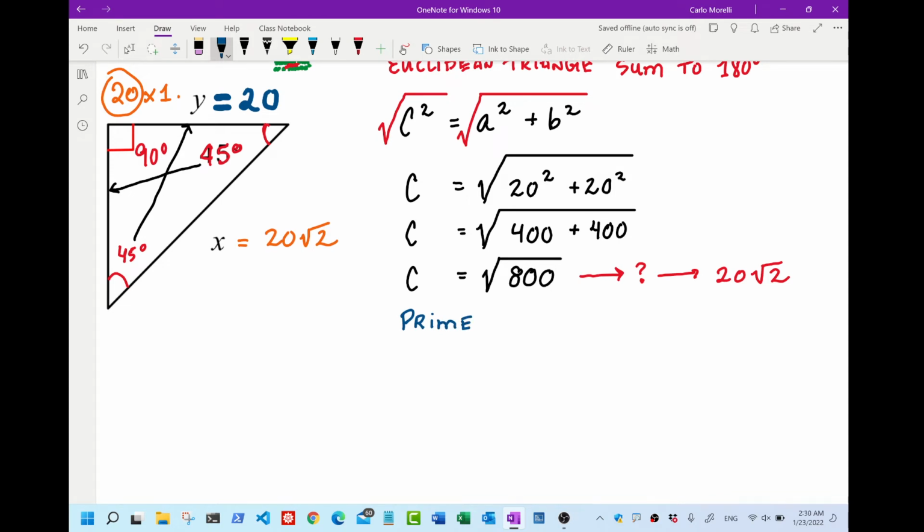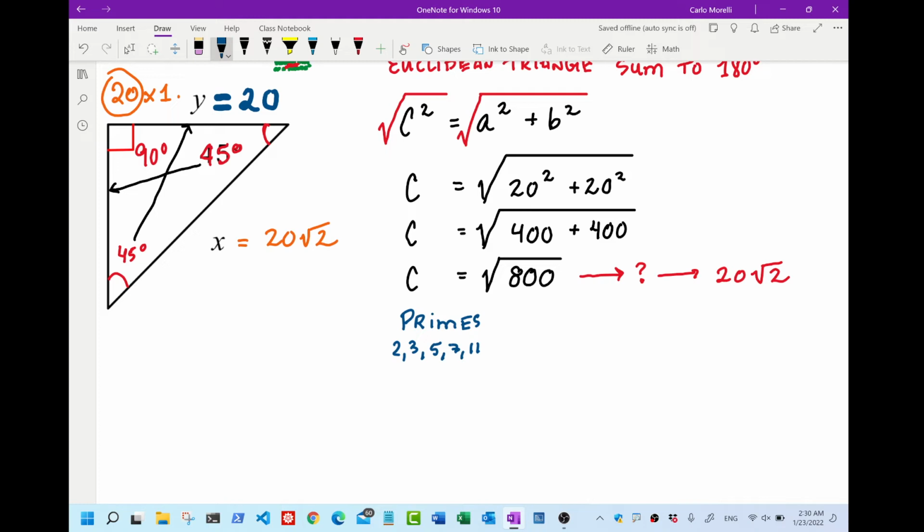So the first few primes are going to be 2, 3, 5, 7, 11, and then it goes up 13, 17, like that. But you probably only need the first 3 or 4, 11 is less common.